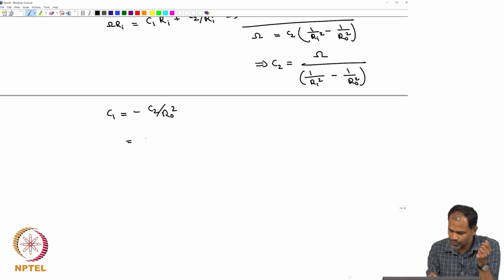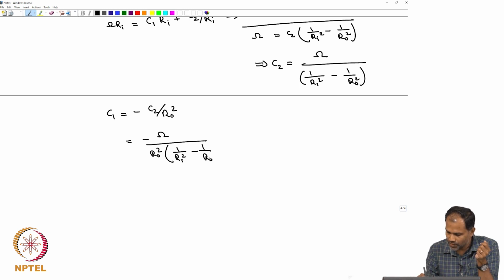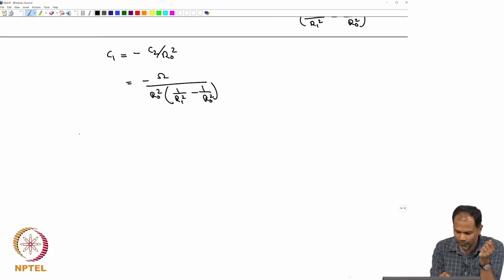That's equal to minus omega by Ro square into 1 by Ri square minus 1 by Ro square. And therefore, you are ready to get your expression for V theta.